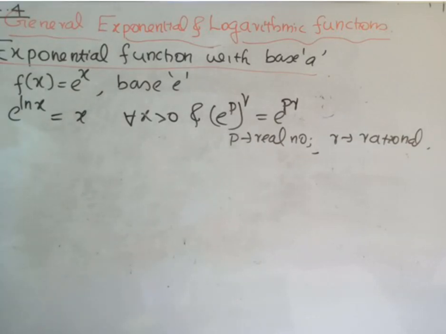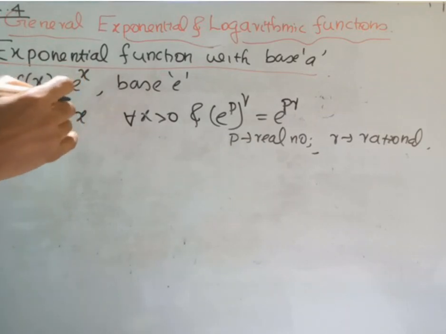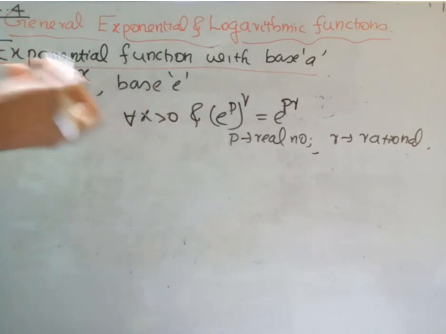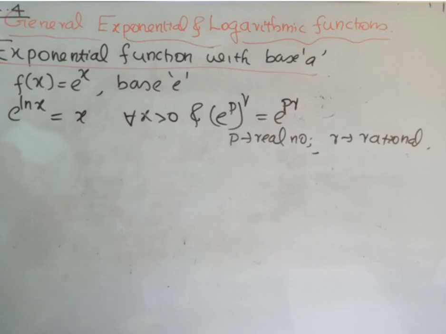For that we have to recall something from the last class. We have to remember some results of the exponential function with base e. This is the exponential function f of x equal to e raised to x, with base e. This is the exponential function we have studied in the last class, right?